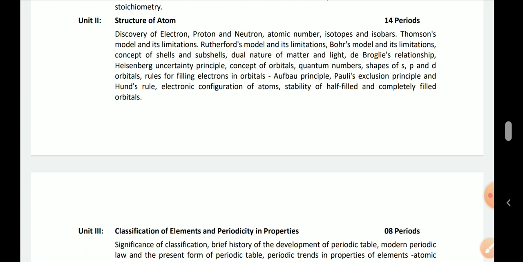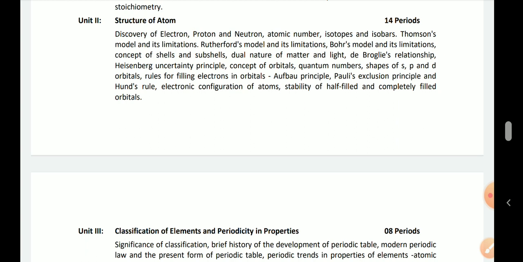Discovery of electron, proton, neutron, atomic number, isotopes, isobars, Thomson model and its limitation, Rutherford model and its limitation, Bohr's model and its limitation, concept of shells. Till here you have done in your class 9th.